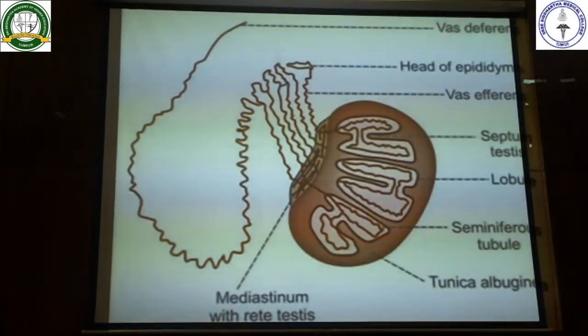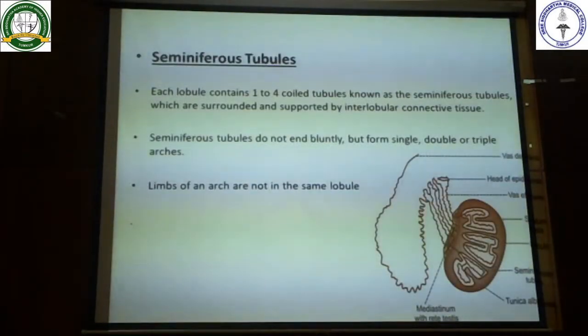Moving ahead to the seminiferous tubules. Each lobule of the testis contains about 1 to 4 coiled tubules, called seminiferous tubules. These are surrounded and supported by interlobular connective tissue.